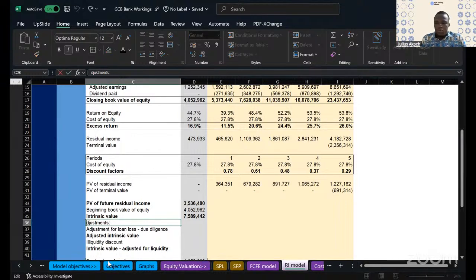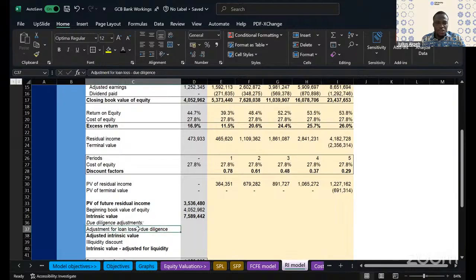Sometimes we call this due diligence, and I'm going to update the FCFE model side to due diligence adjustment. The whole idea is that we can do due diligence adjustments. So we can do adjustment for loan losses. Let me indent it. Adjustment for loan losses, and all that.